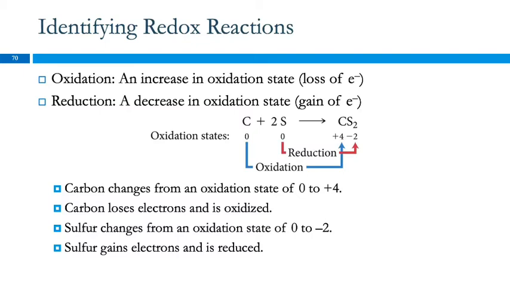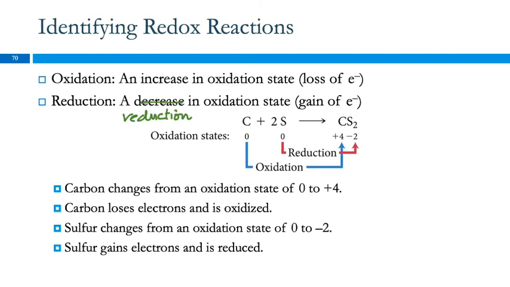It becomes more positive by losing electrons. So increasing oxidation state and loss of electrons are the same thing. Reduction is a decrease in the oxidation state. The oxidation state goes down, becomes less positive, more negative. That happens by gaining electrons.